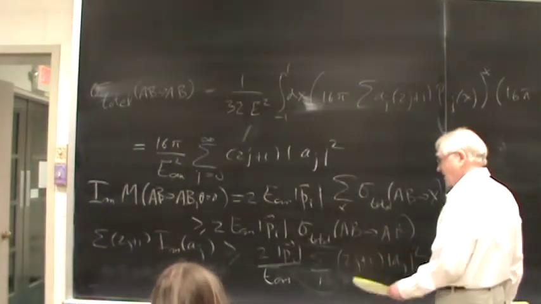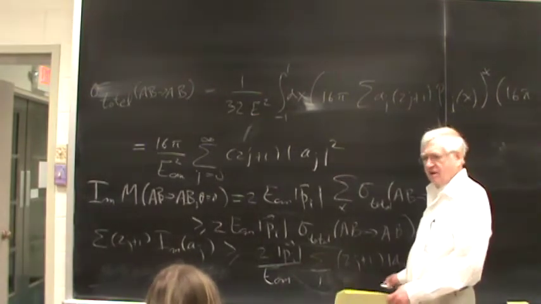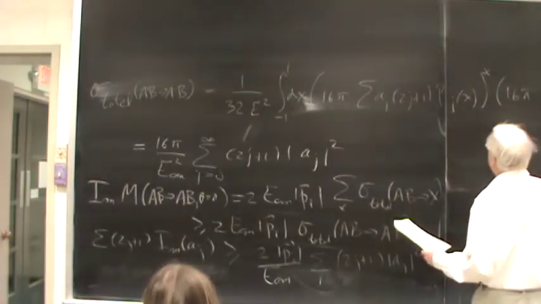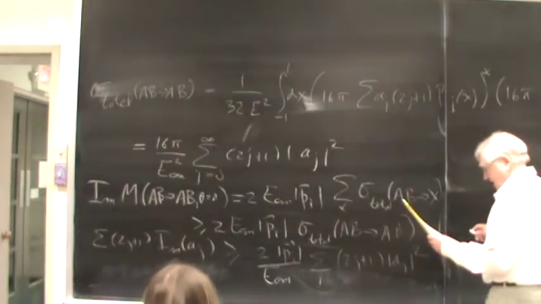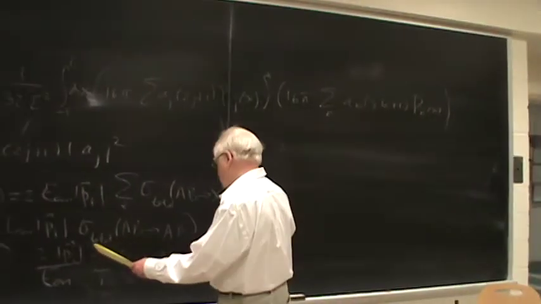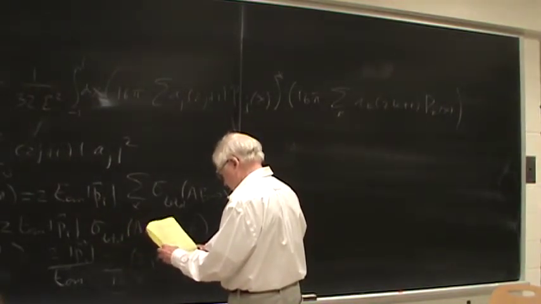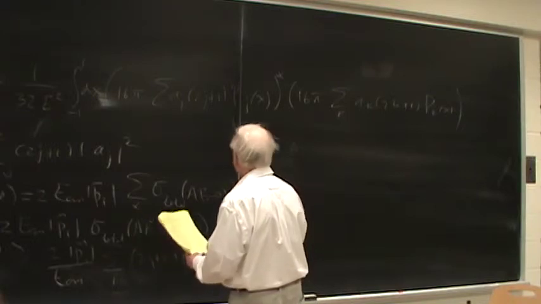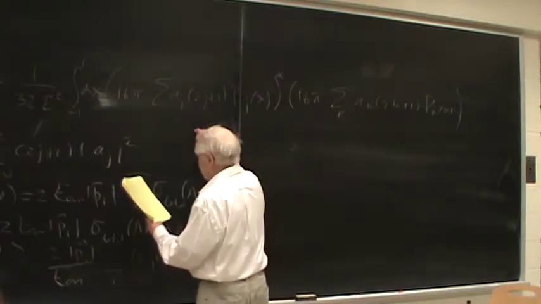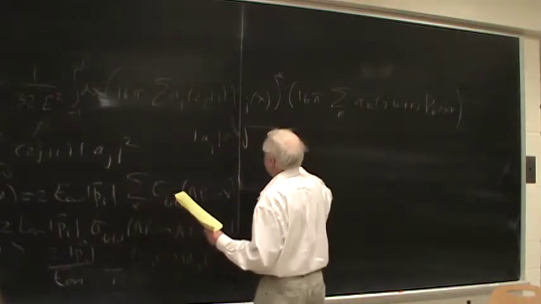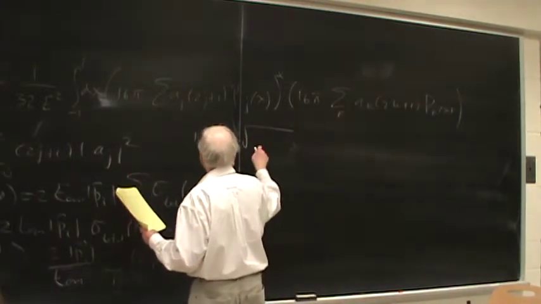This becomes clearer if we focus on a single partial wave. So let's look at a single aj. Let aj equal x plus iy.